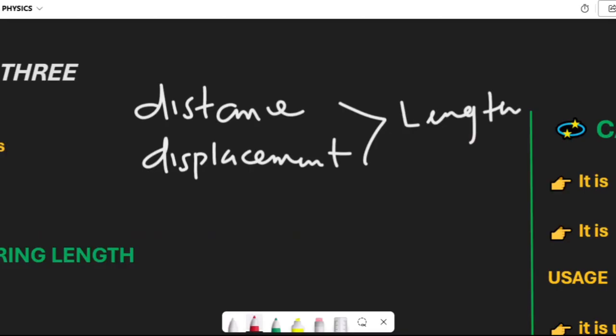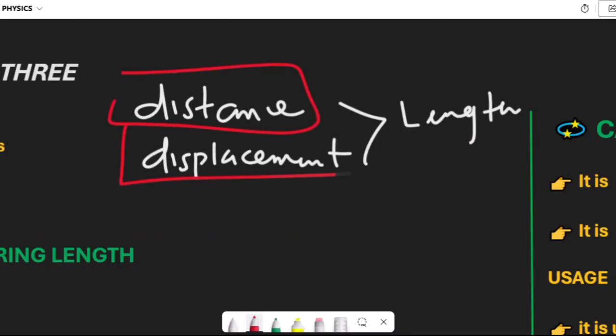Both of them are measured in meter, but one is a scalar quantity, the other is a vector quantity. Now let's see the instruments we use whenever we want to measure the length or the distance of a substance.